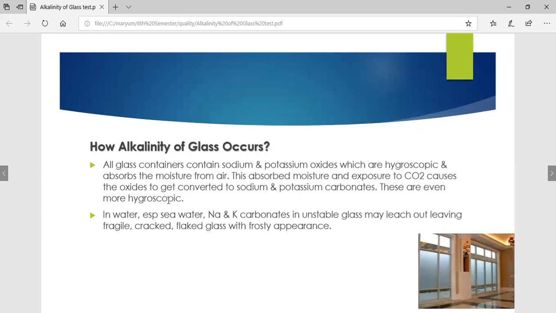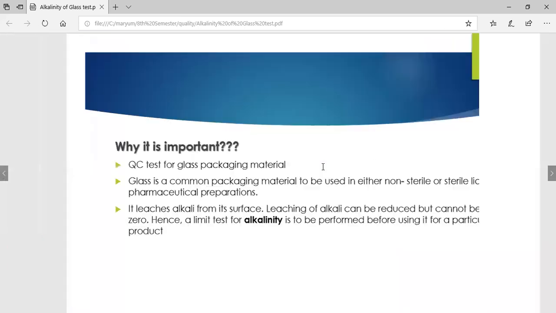So these unstable carbonates react with the glass, and they start leaching from the glass. This leaching process of the sodium and potassium bicarbonate from the glass makes the glass fragile, or it gets cracked, or it becomes flaky glass, or the glass gets a frosty appearance due to this alkalinity or this leaching process of bases.